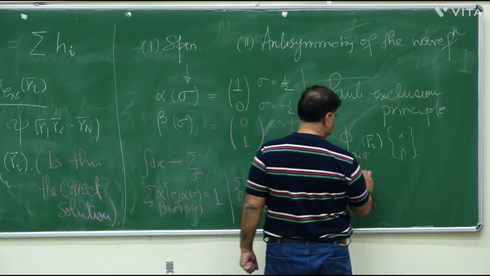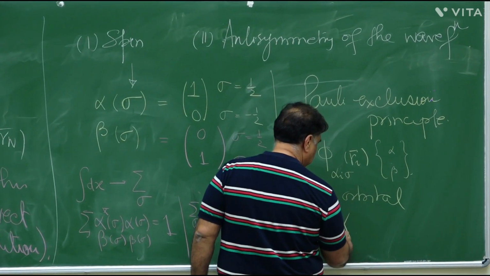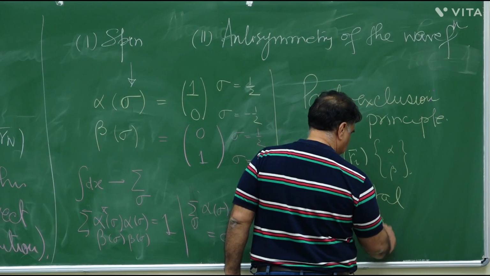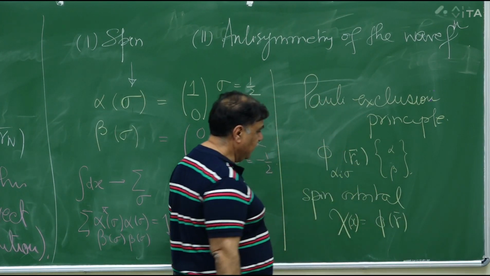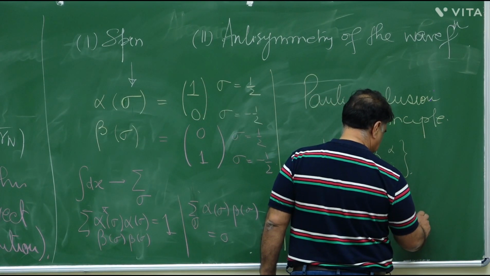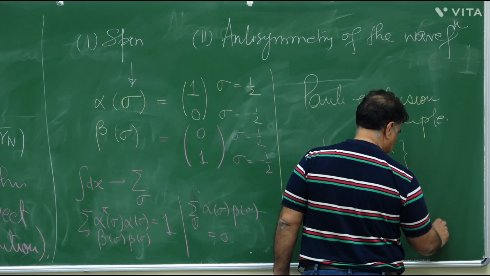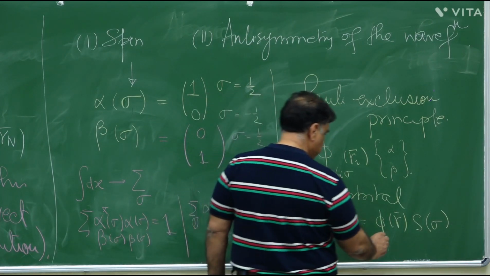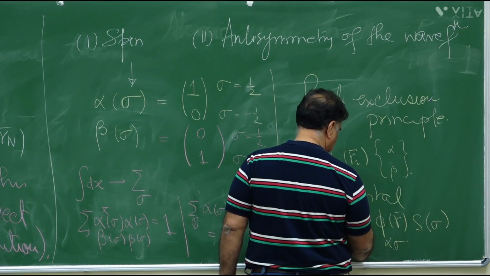So the spin orbital, I'm going to call it chi_alpha, which is going to be a product of the spatial function phi of x, times the spin wave function, some spin wave function of sigma. This is alpha and sigma, and this is all alpha sigma.